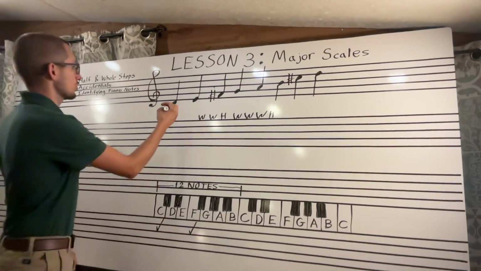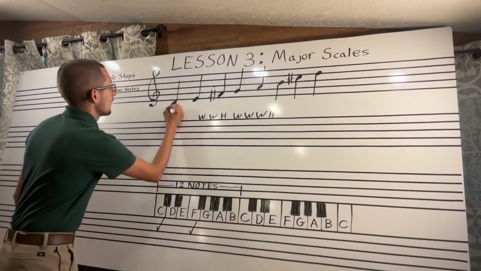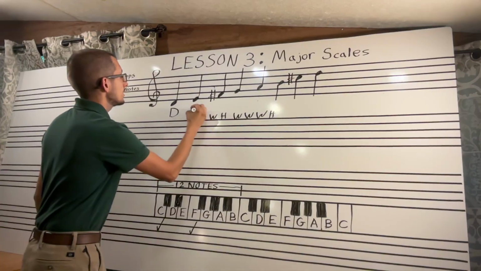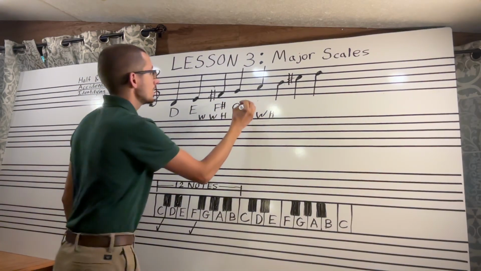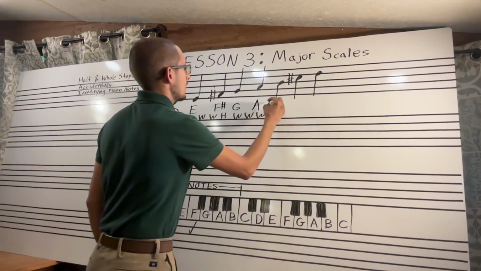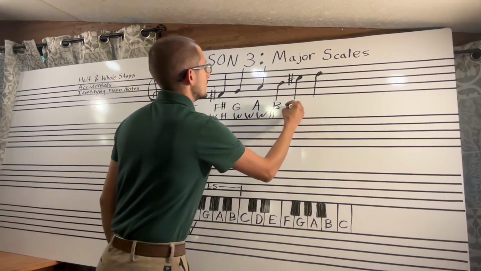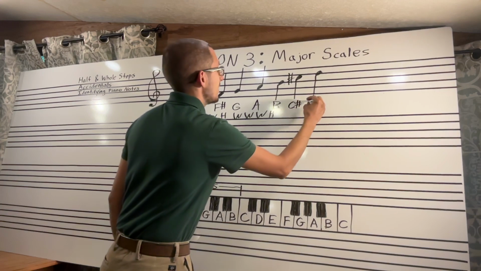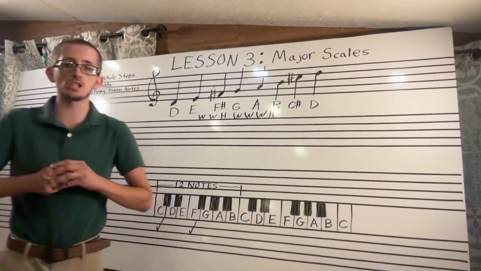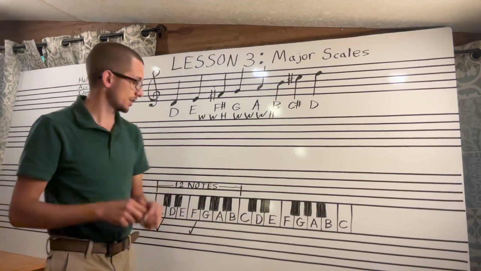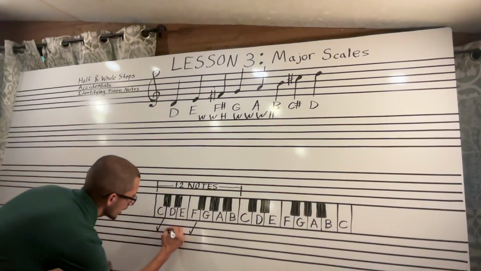So these are the pitches for the D major scale. D, E, F sharp, G, A, B, C sharp, and D. That takes care of our D major scale.